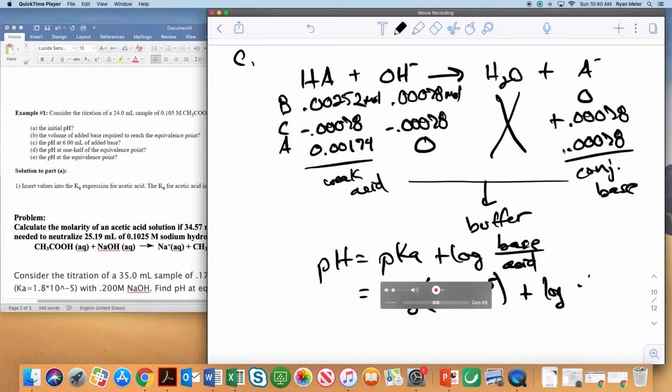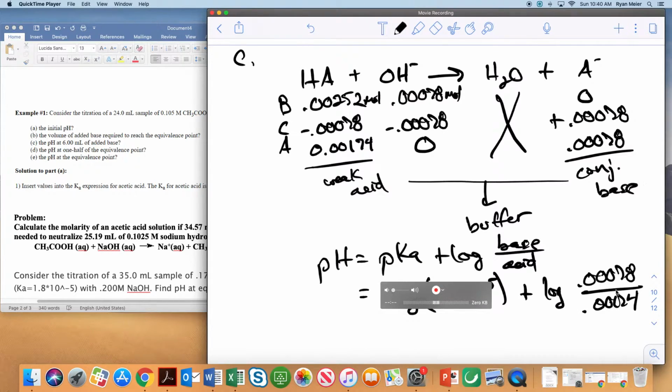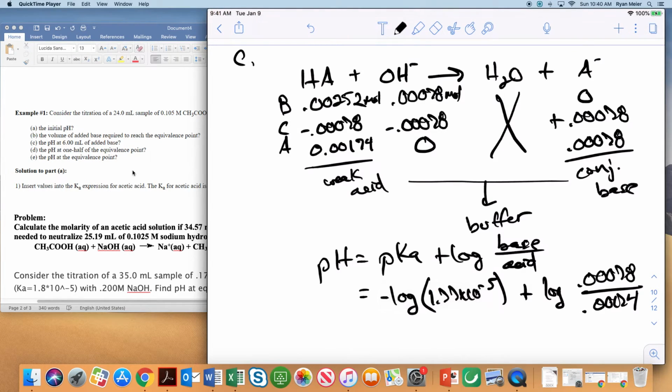So 0.00078 divided by the 0.00174 for my acid. Let me check and make sure that is the correct value. I'm not messing up my mental math here on a Sunday morning. Okay, not going crazy. And now I can plug all these numbers in and calculate my pH.